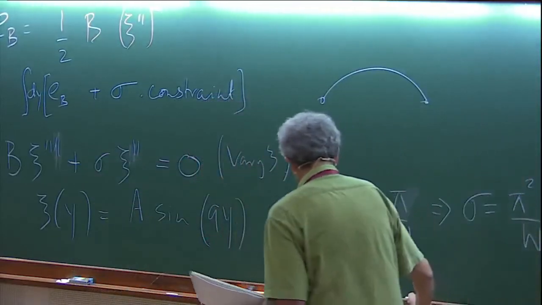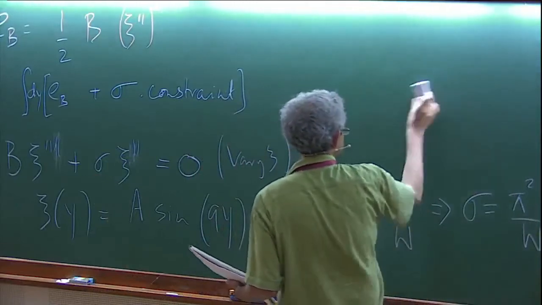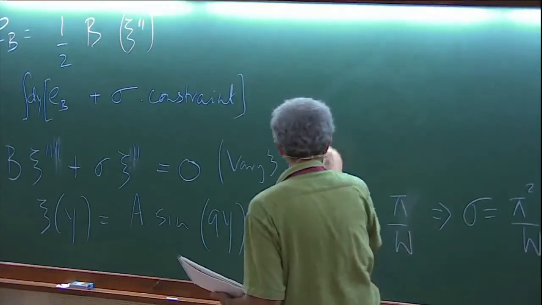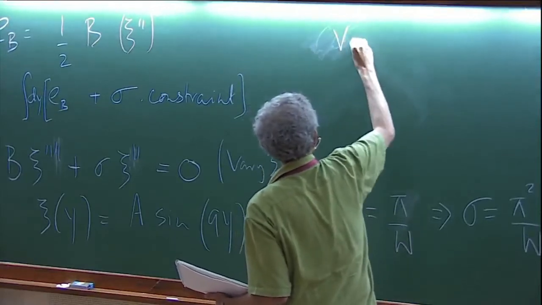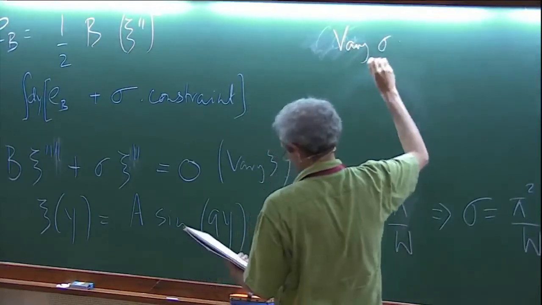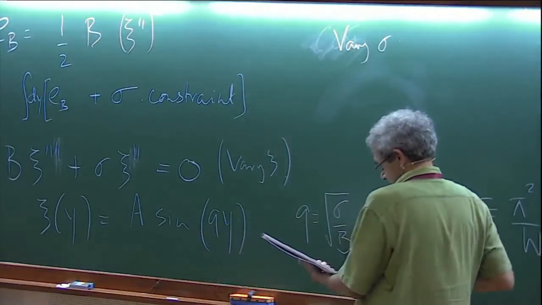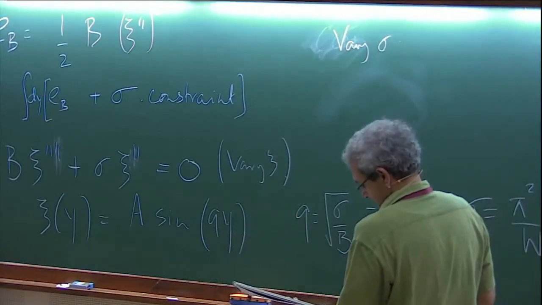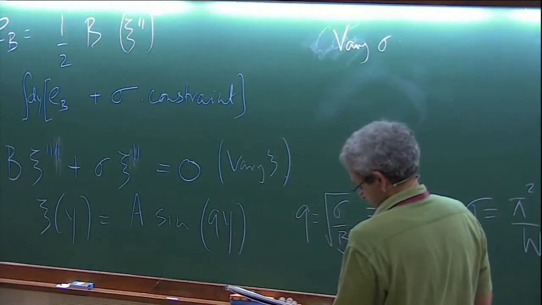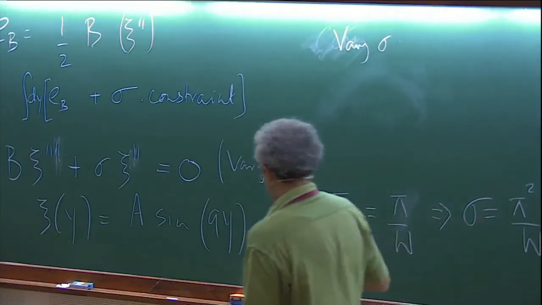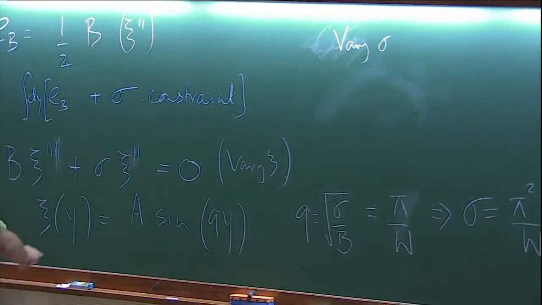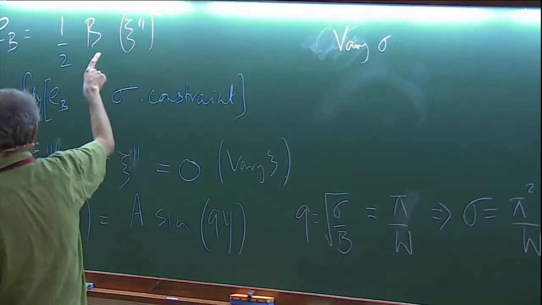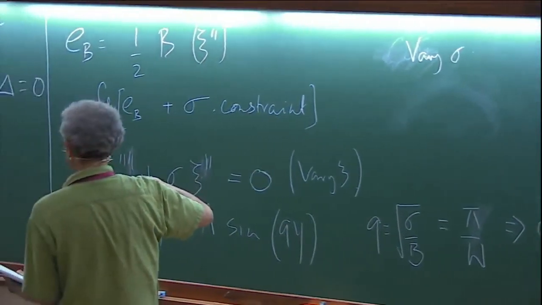And what that gives me, from varying sigma, I get, I should put this into there, into the constraint.